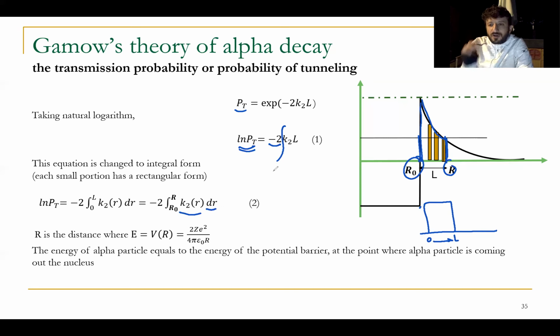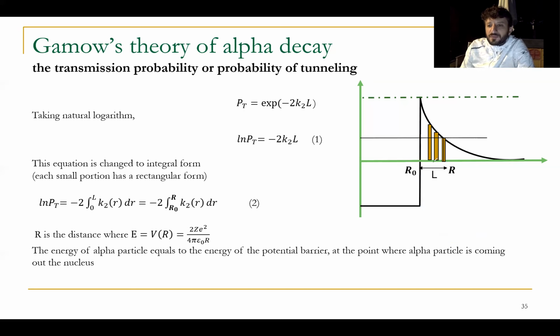dr is a small portion. If you look well here, it is the distance from here to here. This is dr. We have to integrate from this point to this point. So this one has a dr thickness. It means in the place of the total L, we put dr simply.